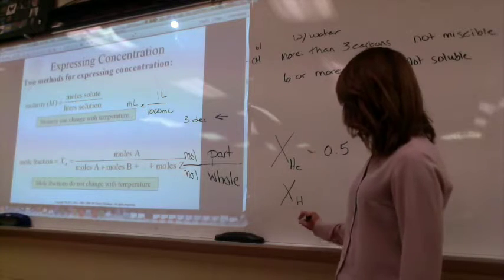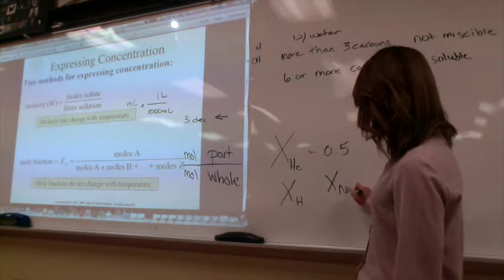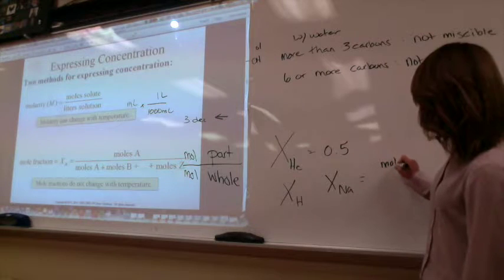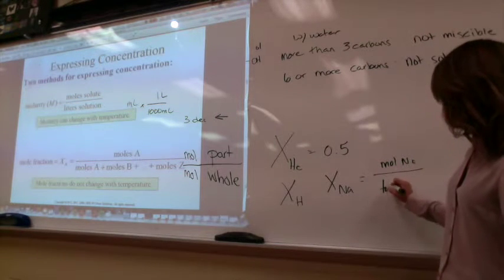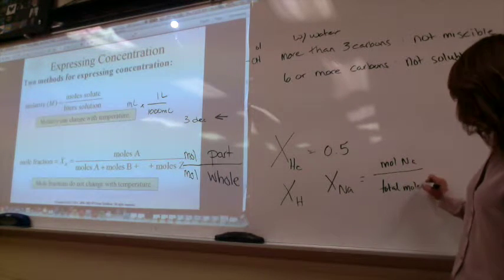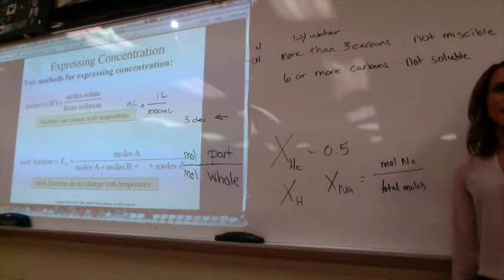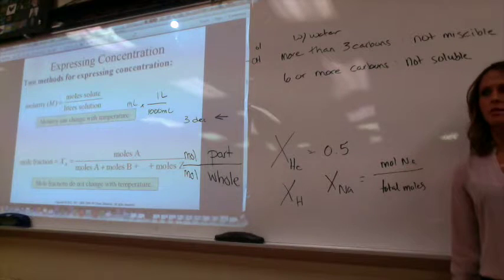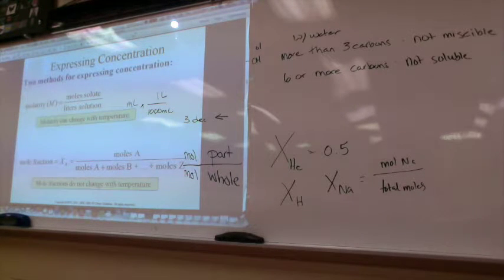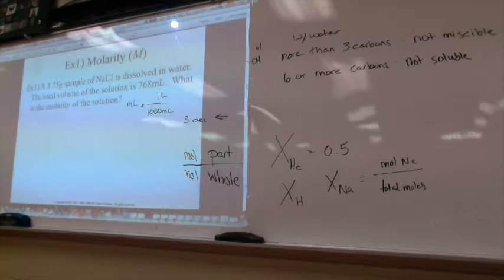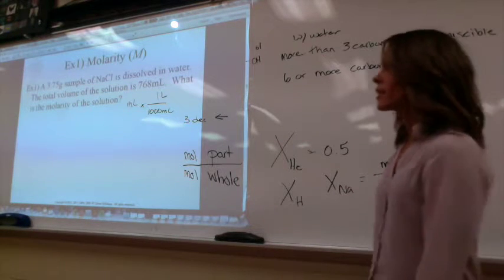X of hydrogen, X of sodium. That would be the moles of sodium over your total moles, whatever they are. Following? So mole fraction is represented by an X, and then the subscript of whatever the substance is that you're finding it of. All right, just really fast, let's do these.